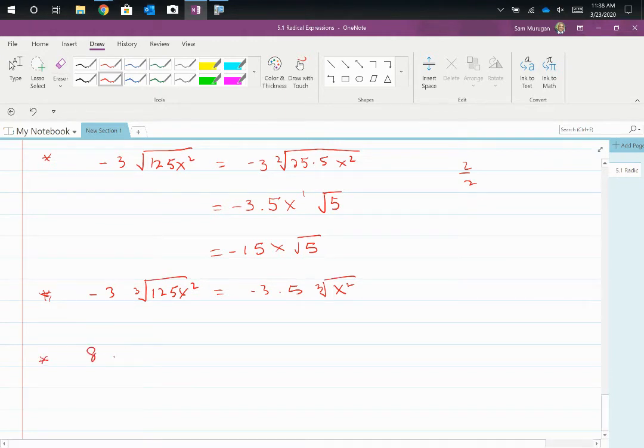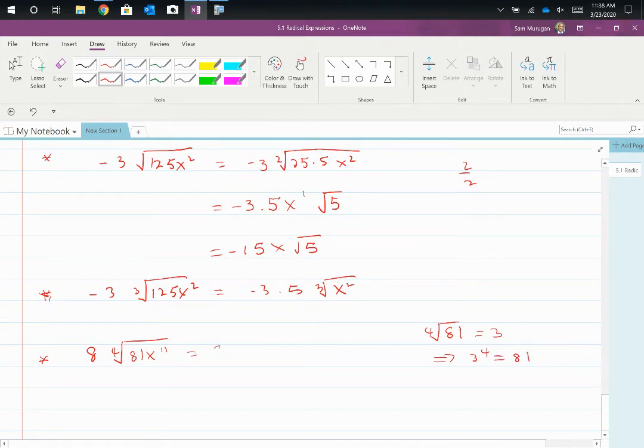8 times the fourth root of 81x to the power 11. The fourth root of 81 is equal to 3, since 3 to the power 4 is equal to 81.